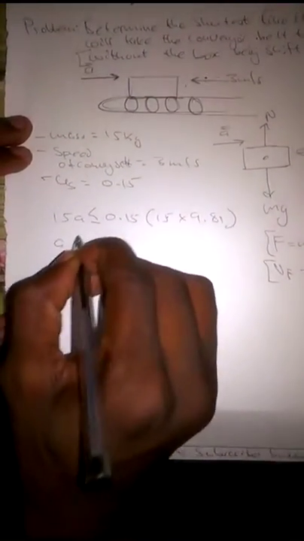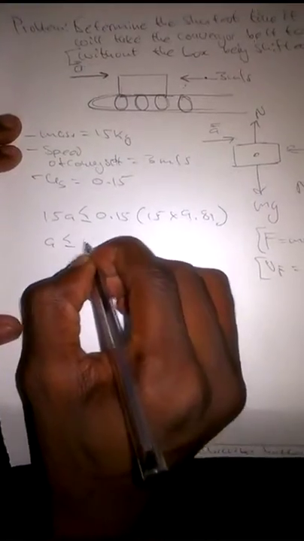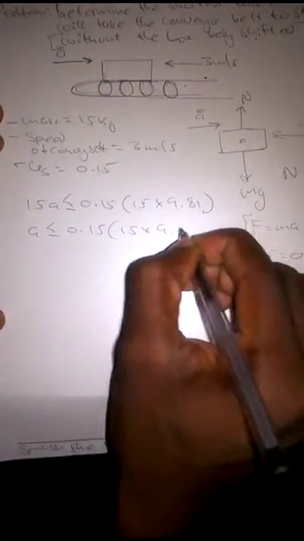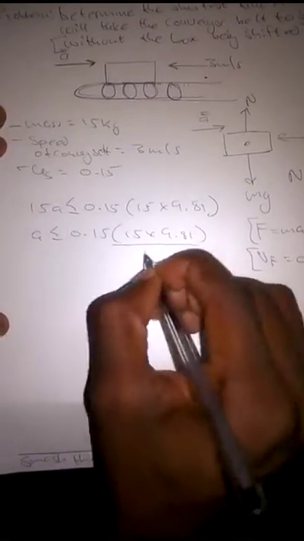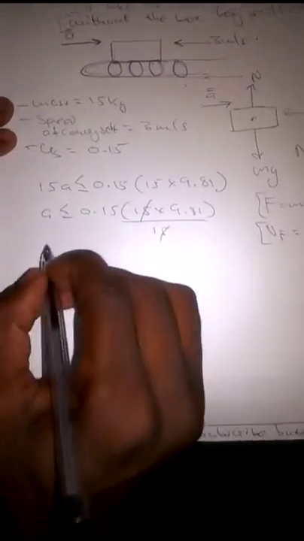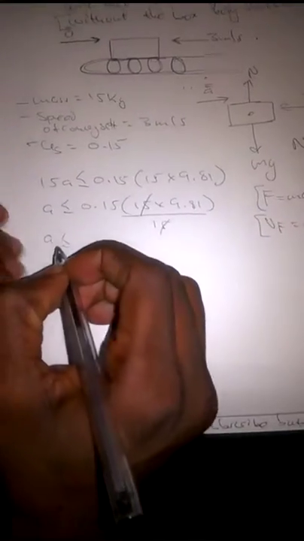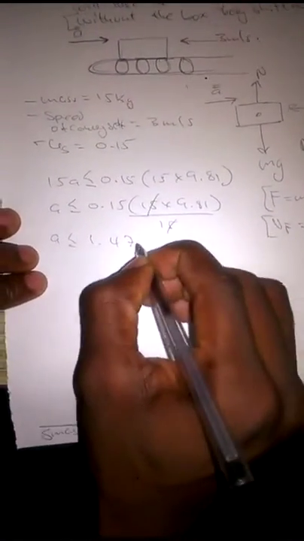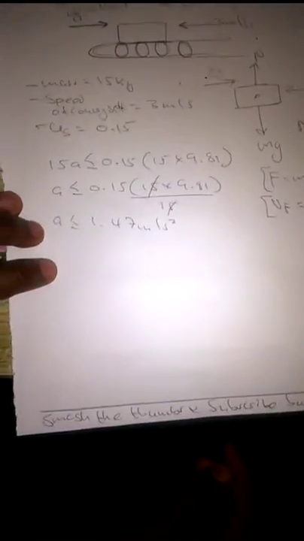From this we can find our acceleration. Our acceleration is equal to 0.5 times 9.81 times 15 divided by 15, of course. This will cancel this. So our acceleration should be equal to or less than 1.47 meters per second squared.